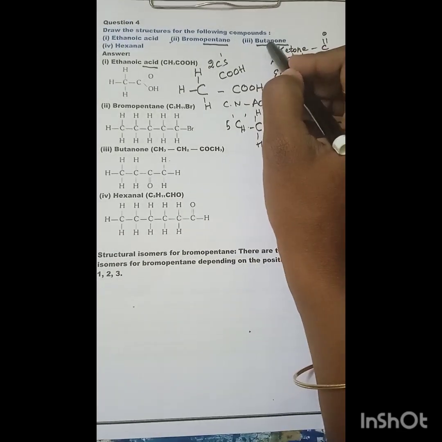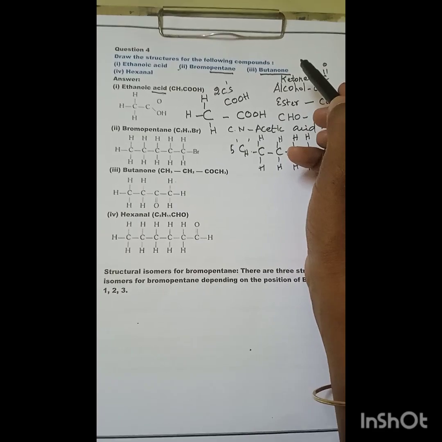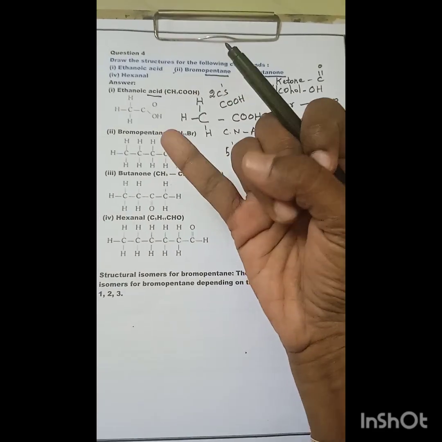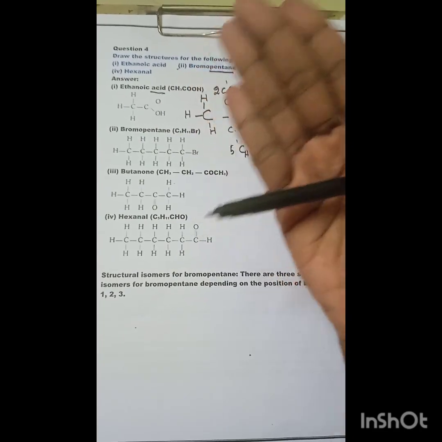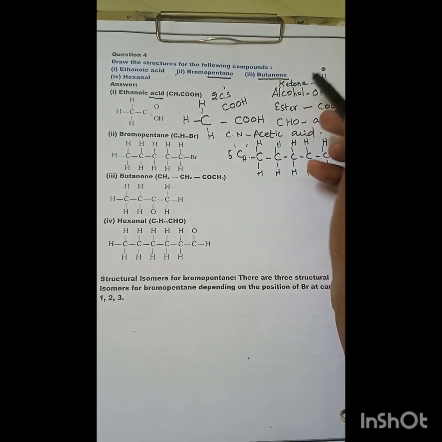As it is like ethanoic acid, butanone is the same way. So butane. How many carbons should be there for the butane? First one is methane, ethane, propane, butane. So for butane there are 4 carbon atoms. So how will you write for butanone?